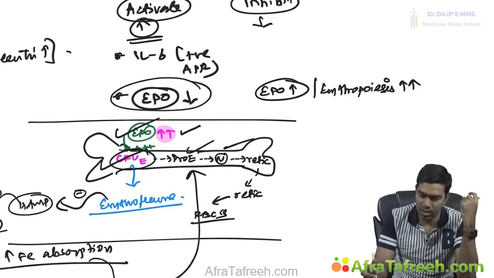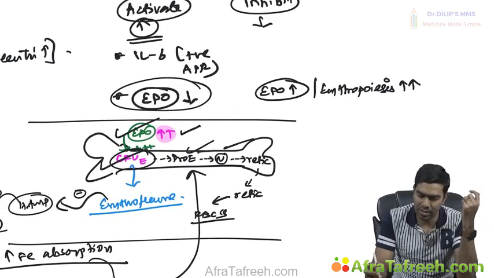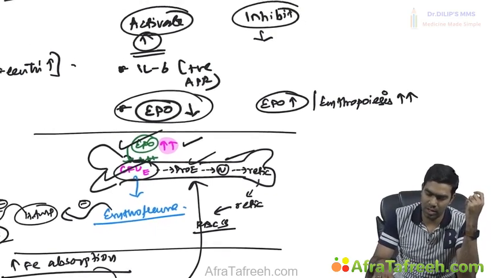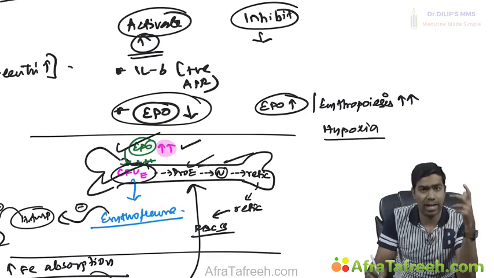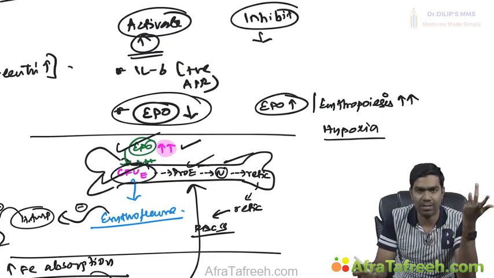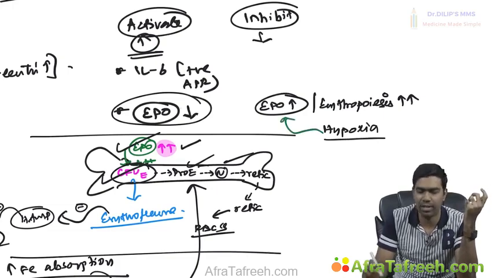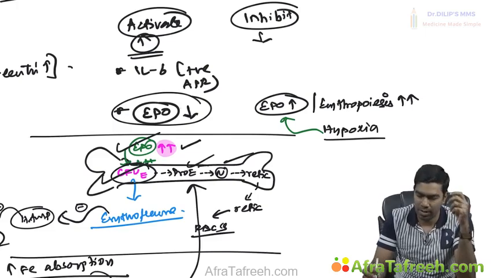Similarly, another thing that can inhibit hepcidin release is hypoxia. Hypoxia can directly inhibit the hepcidin release, but as a beginner, you can remember hypoxia definitely will increase the erythropoietin. Because of that, you might have a low hepcidin.